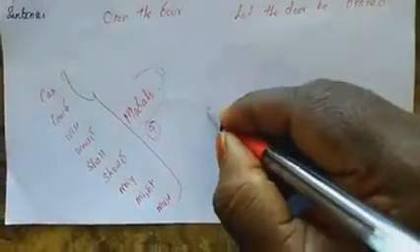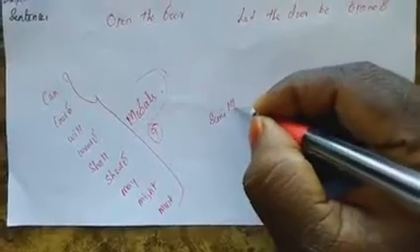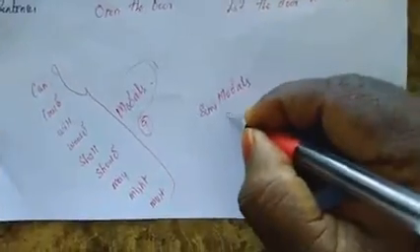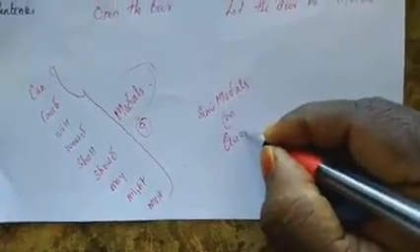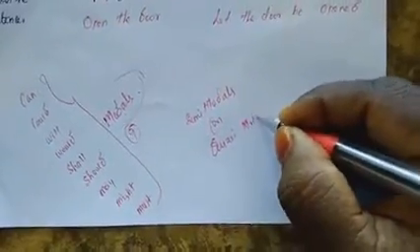We have 9 modals. And apart from this, we have another section that we call semi-modals, or we may call them quasi-modals. What are the quasi-modals we have?